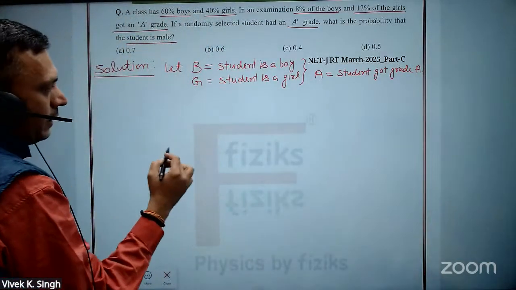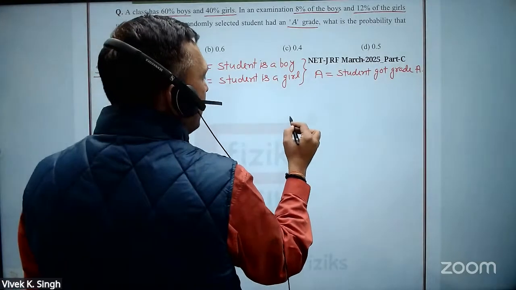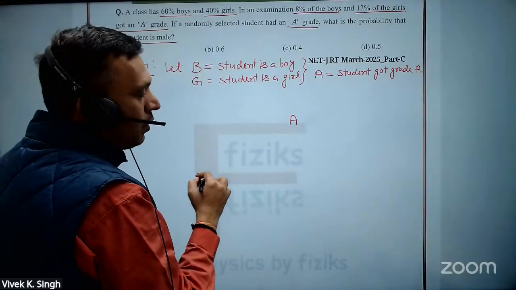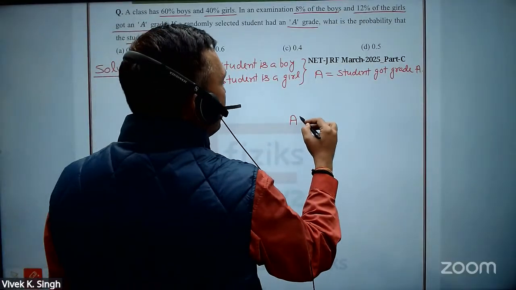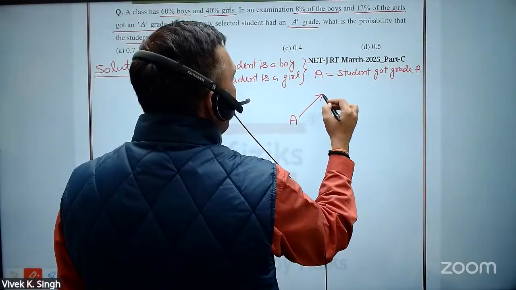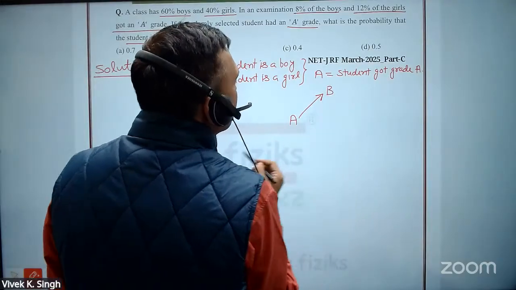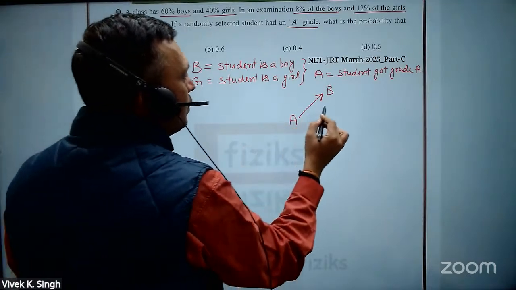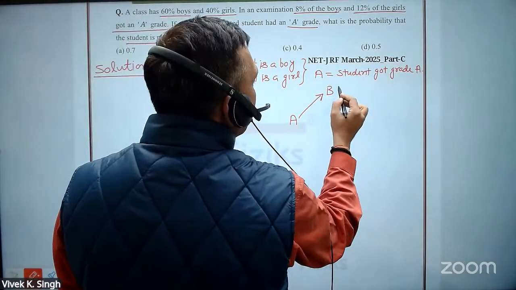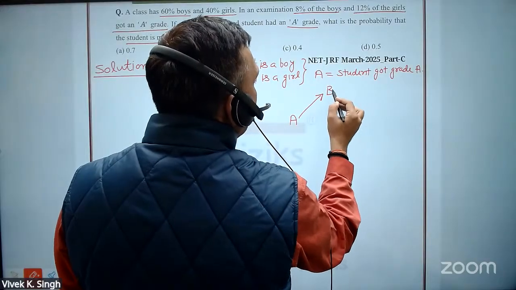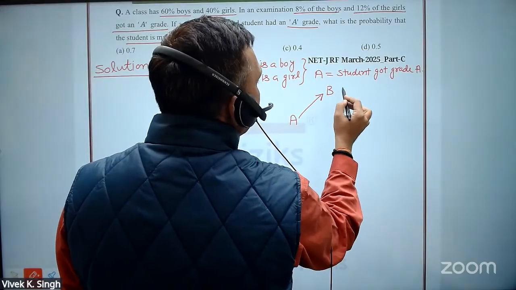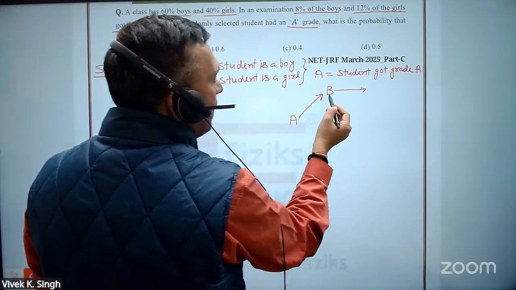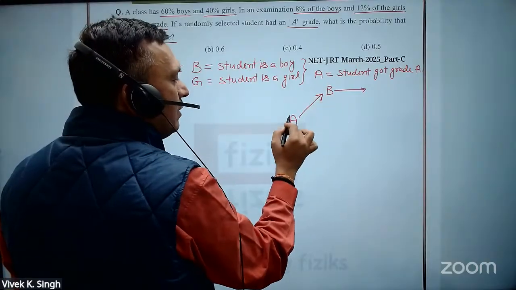So in this case, what is the total probability that the student got grade A? First I am selecting the boys. When you have selected the boys, what will be the probability that they got grade A?